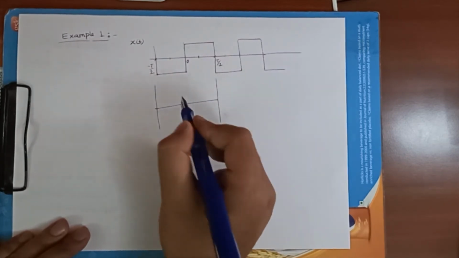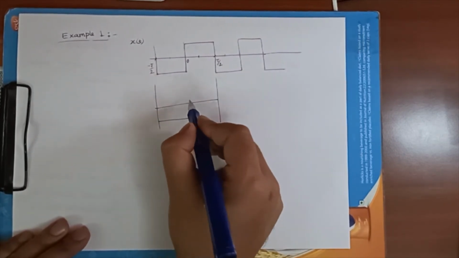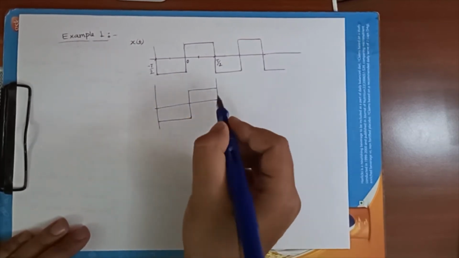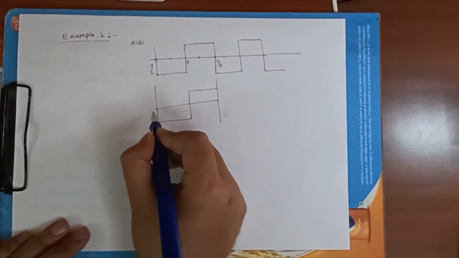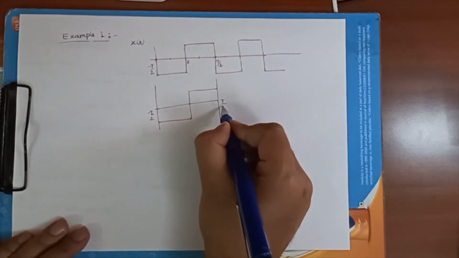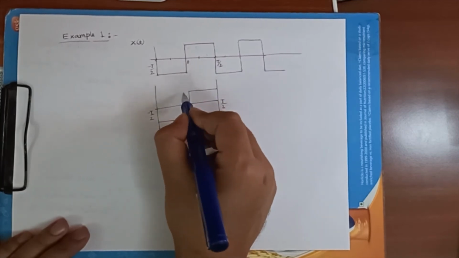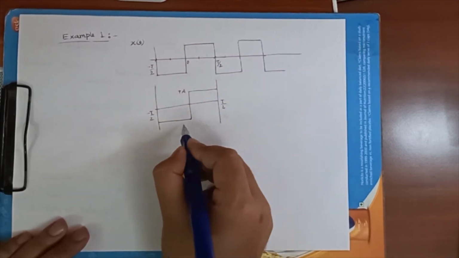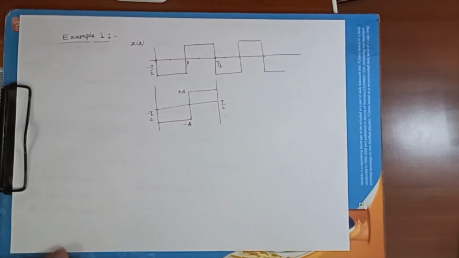So we can take this one representative signal of finite support as our signal over the unit circle, and this we will use for our Fourier series expansion. This is minus T by 2 time, and this is plus T by 2 time, and the signal has the value plus A and minus A, oscillating between these two.